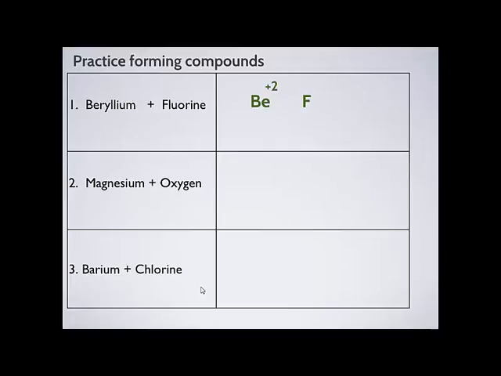Fluorine has 7 in its outer shell. How many is it missing? 1. So it's -1. What's its formula, Matt? Be1F2, so BeF2.